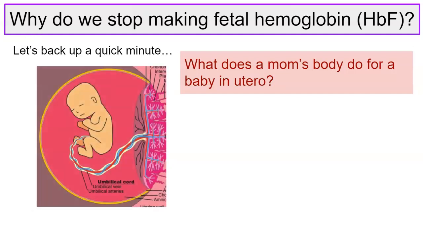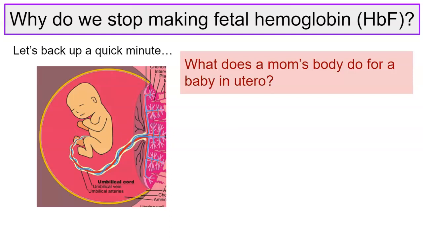The mom is breathing for that baby, feeding that baby, and taking care of wastes for that baby. Right now, this little kid's lungs are not yet working, and will not be until it takes its first breath. Likewise, its kidneys. You're not peeing in utero. The mom's blood takes any waste back out to be filtered by her kidneys. Oxygen comes in through the umbilical cord and gets delivered to the baby.